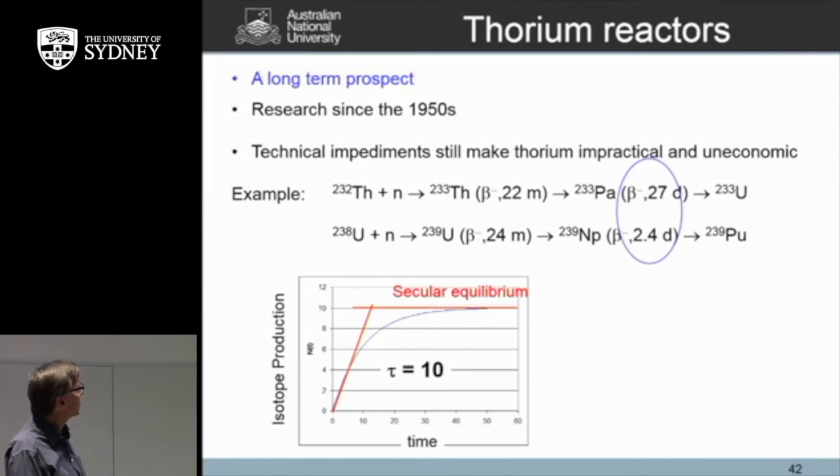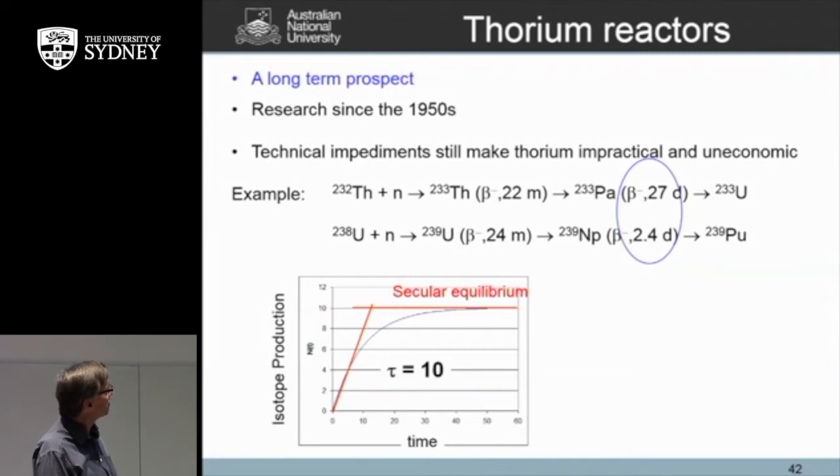So the idea, if you're breeding material, would be to just leave it in the reactor for the order of a couple of half-lives. No more, it's a waste of time. That's the same for the uranium and the thorium cycles. The big difference is then when you get to the next decay.